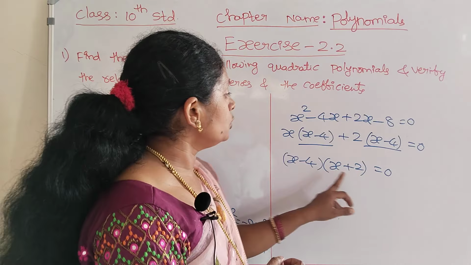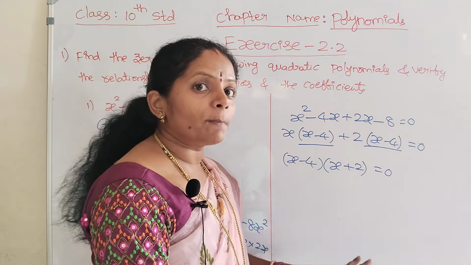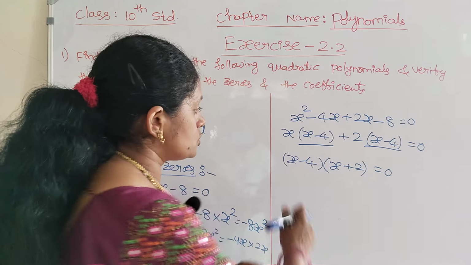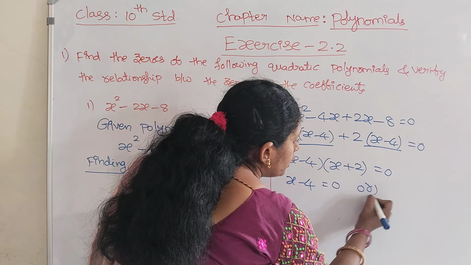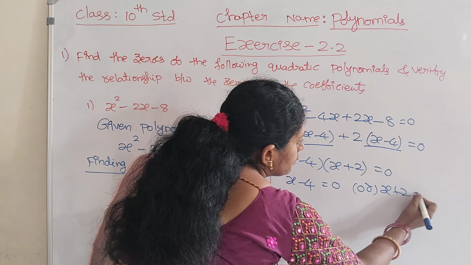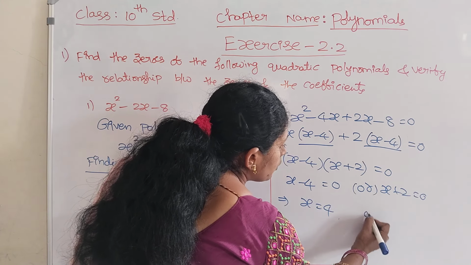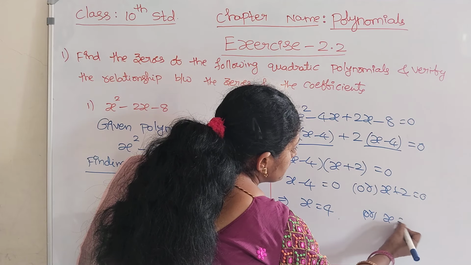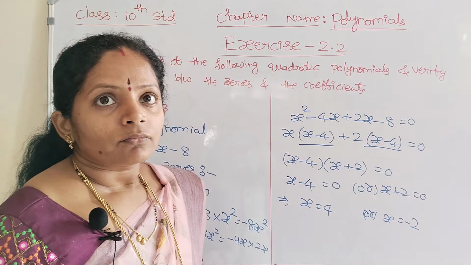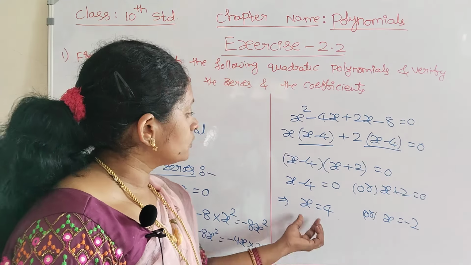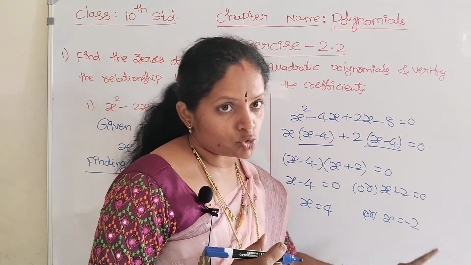If a into b equals 0, either a equals 0 or b equals 0. So x minus 4 equals 0 or x plus 2 equals 0. The value of x is 4 or minus 2. Here we got the two zeros, x equals 4 and x equals minus 2.